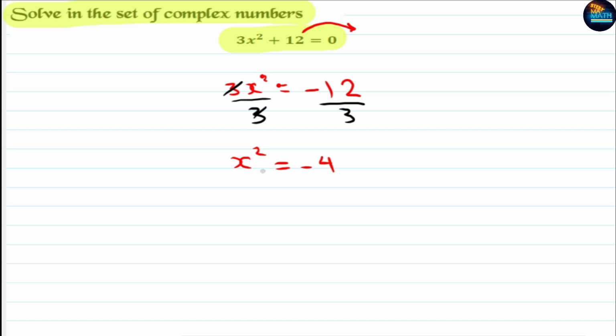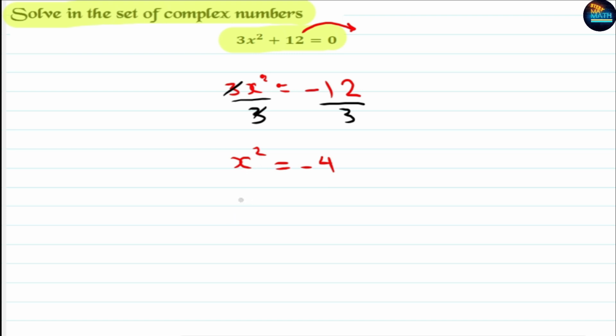Now, solving the equation means to get x, not x to the power of 2. So how to get rid of the power of 2? You have to take the square root of both sides. But remember, when you take the square root, you have to put positive or negative on the other side because the power is even.